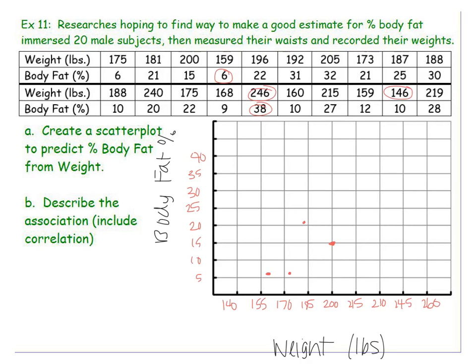At 196, I am at 22. Let's make that dot again. That dot wasn't good. There we go. That looks better. At 192, we are at 31. At 205, we are at 32.